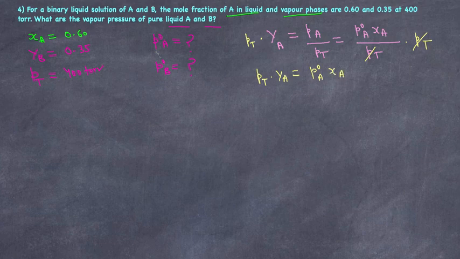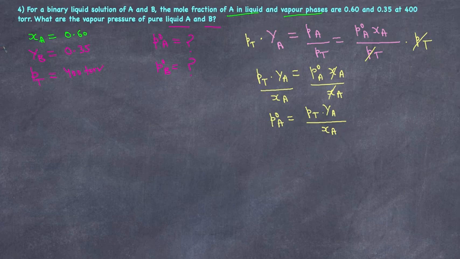We want to calculate P naught A, so we're going to divide both sides by XA, and this XA will cancel out, and we are left with P naught A is equal to PT YA divided by XA.